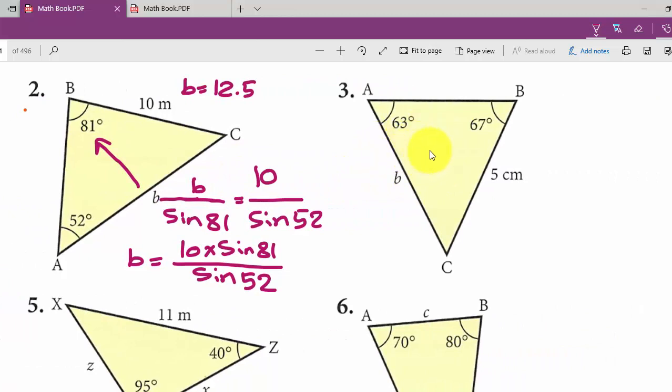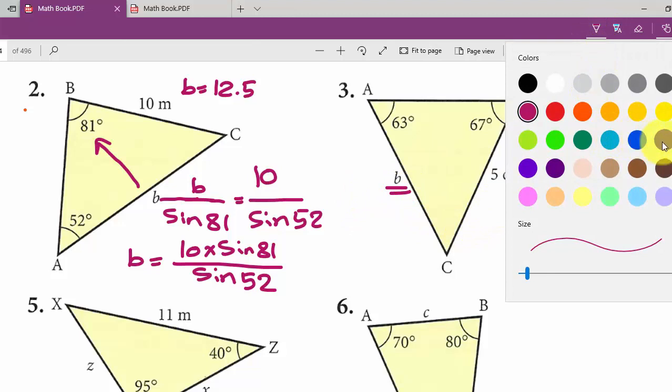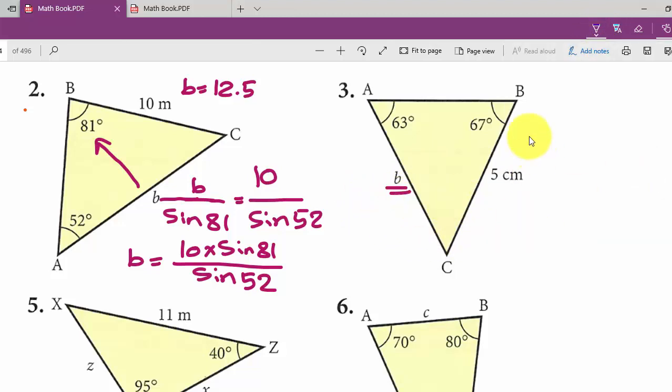Question 3, we need to find this B. Okay, then B, the opposite of B is angle 67. B over sine of 67 is equal to 5 over sine of 63.